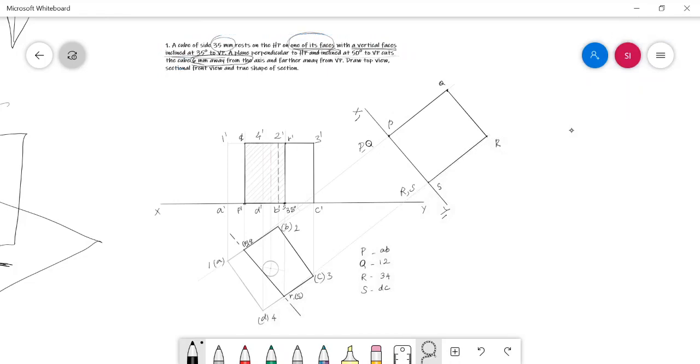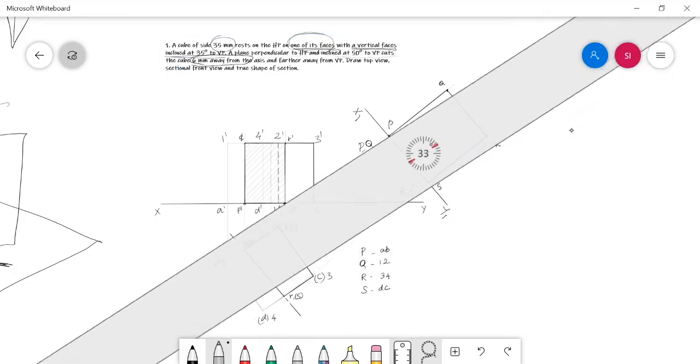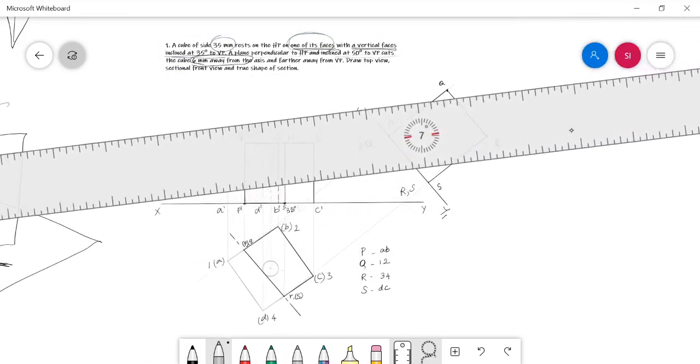After connecting them, we need to hatch the surface bounded by the cut points by our usual procedure.